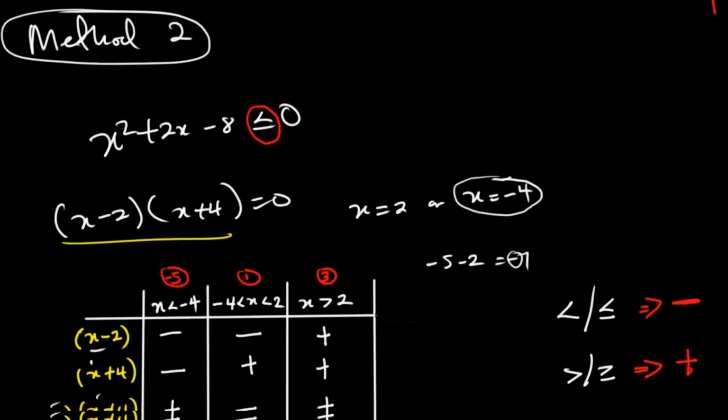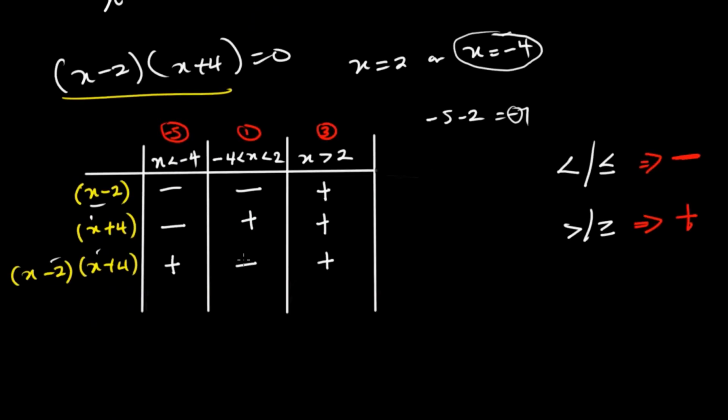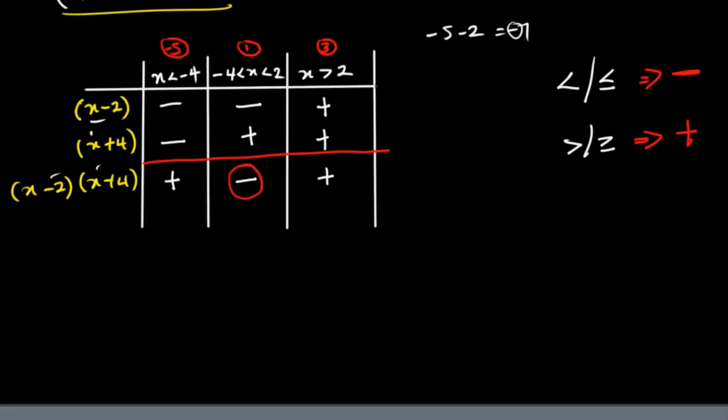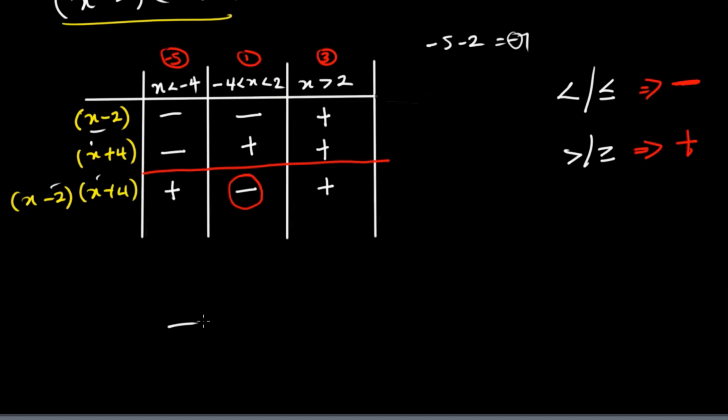So therefore I'm going to look for the range that has a negative product, because this is the answer. The range that gives me a negative answer is simply the middle range, which is negative 4 less than x less than 2.